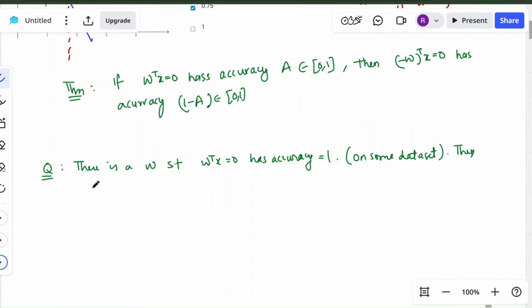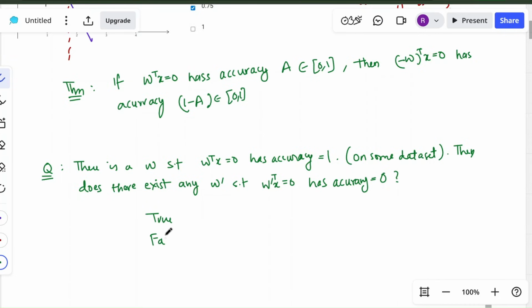Then does there exist any W hat or W prime such that W hat transpose X equal to 0 has accuracy equal to 0? True or false? This kind of a question can come up. If it does, you can immediately say it's true because of this theorem. You can just take this W prime to be equal to minus of W.